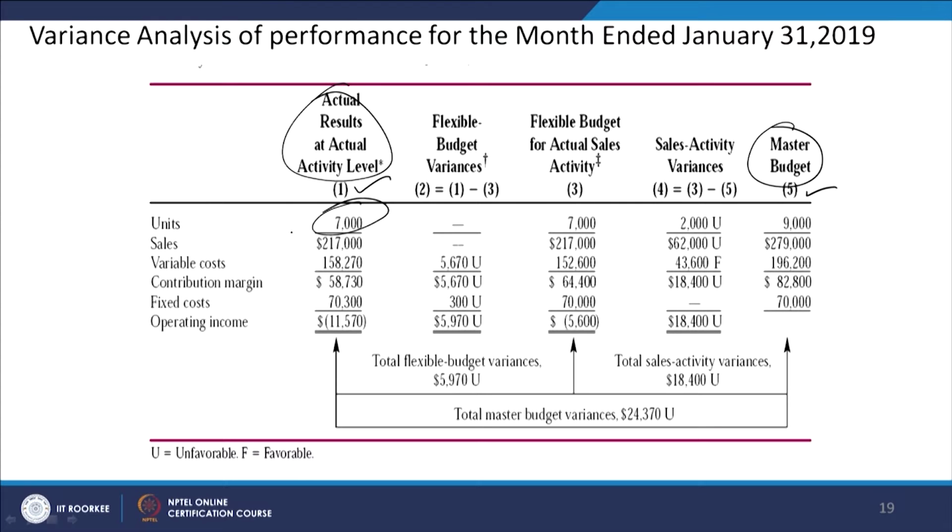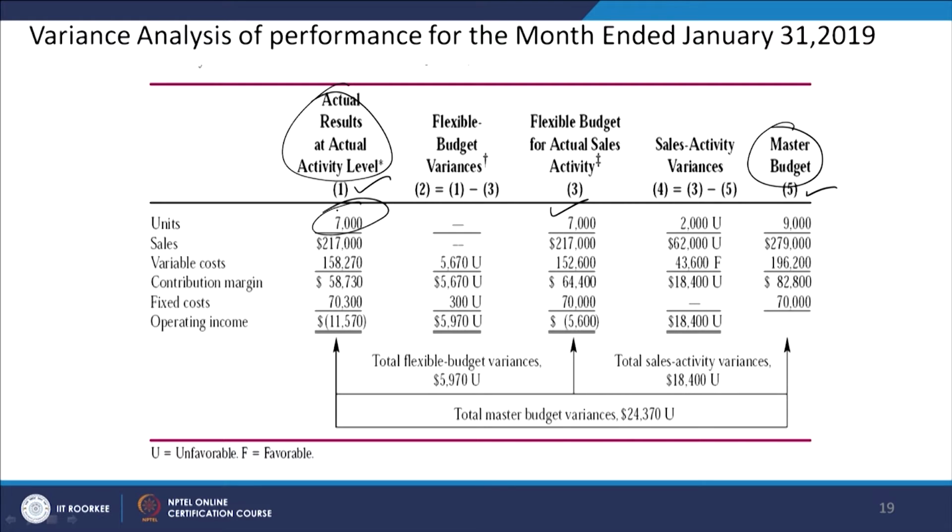These are the two columns, this is actual performance, this is the master budget. Since comparison was not possible between 7 and 9, we created this column also, that is column number 3, meaning we created a budget for the 7,000 units level, and then we first compared the column number 5 with the column number 3, and then the column number 3 with the column number 1, right. So, two variances have been found out.